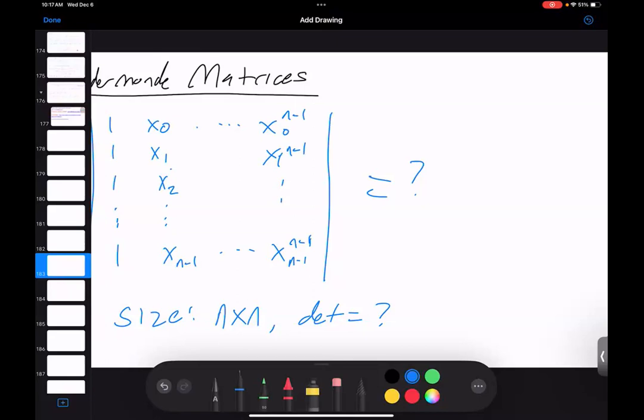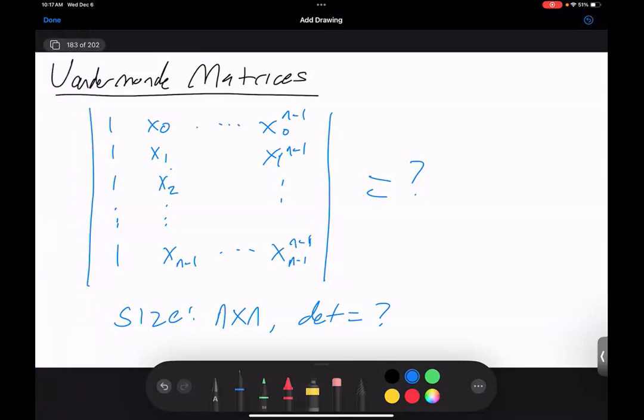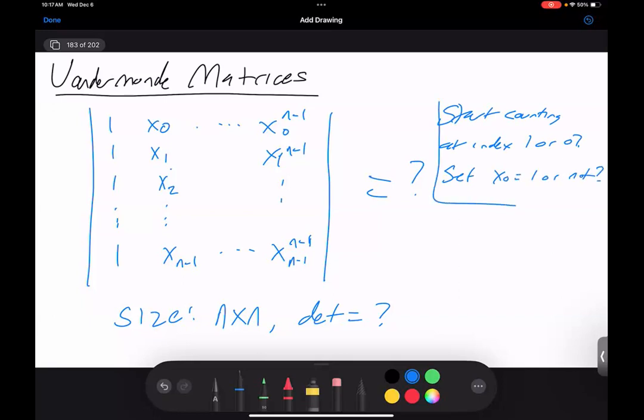The real issue is, do you want to start your counting at 1 or at 0? And do you want to set x0 equal to 1 or not? So these are some decisions you can make.